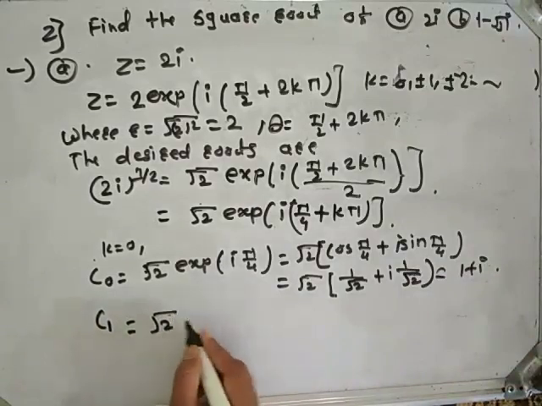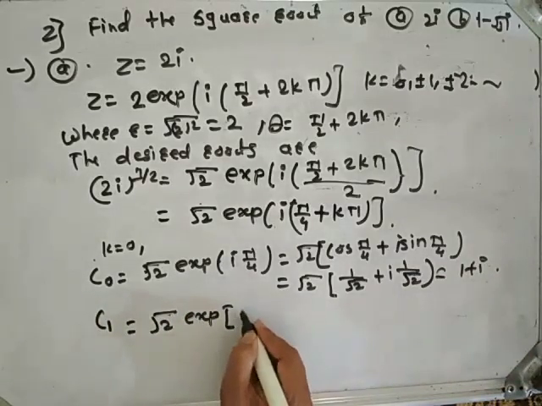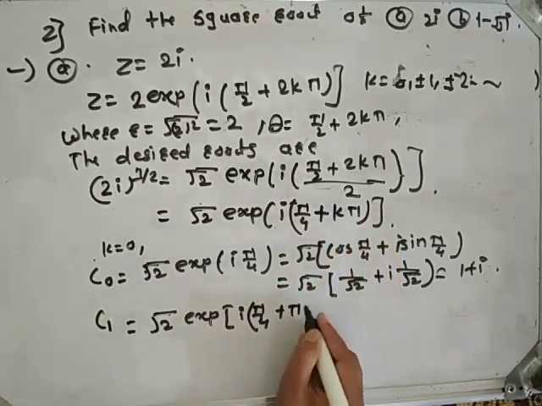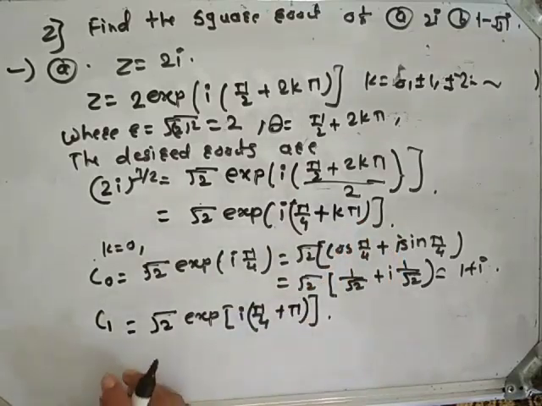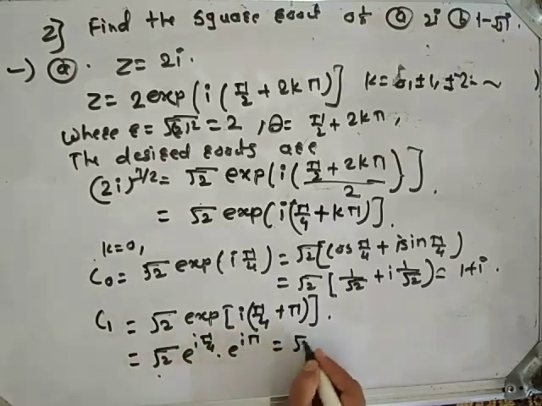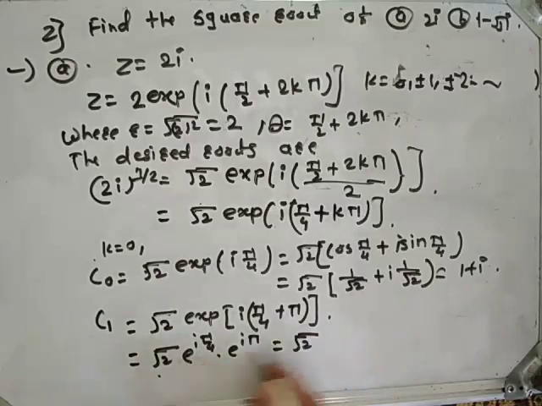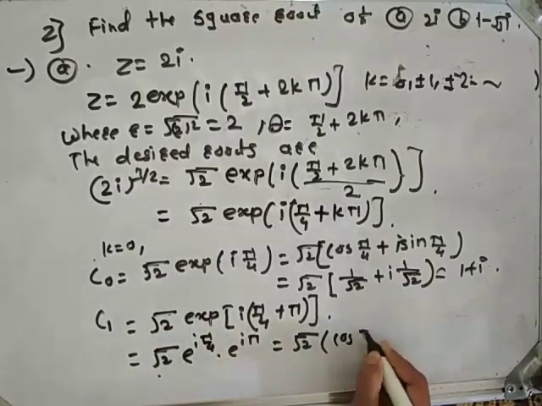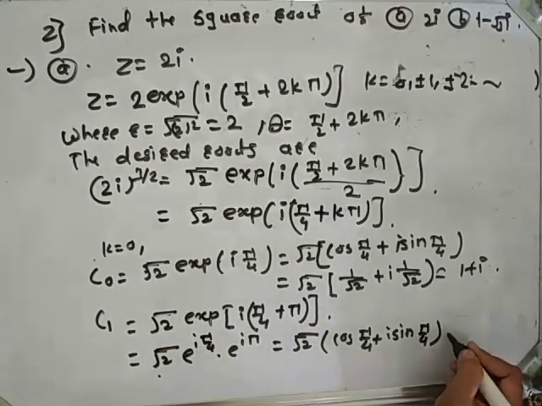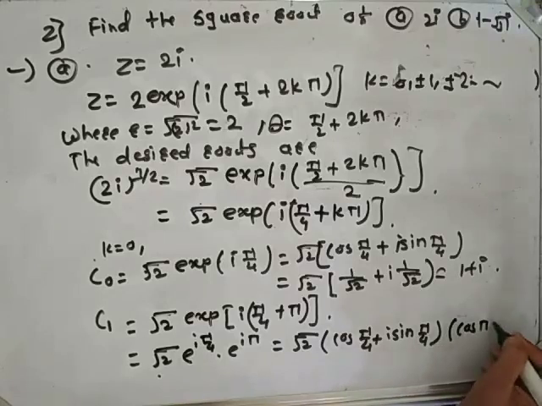Now the second root: root of 2 exponential of i pi by 4 plus k pi, here k equals 1. So we will get root of 2 into e raised to i pi by 4 into e raised to i pi. This can be written as root of 2 into cos pi by 4 plus i sin pi by 4, into cos pi plus i sin pi.